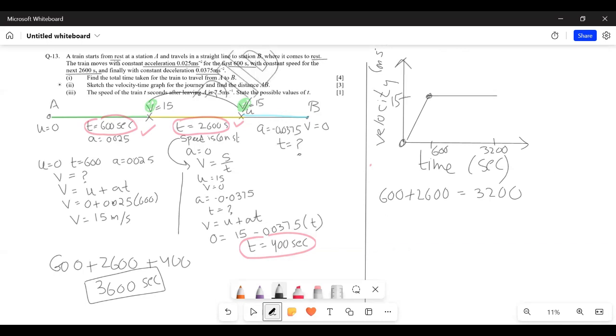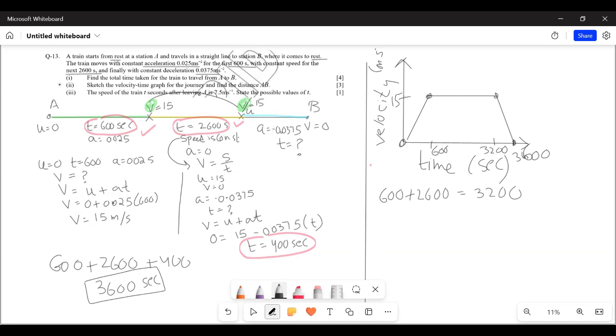Next, in 400 seconds, the speed again becomes 0. So 3200 plus 400 would be 3600. So now join this to this.